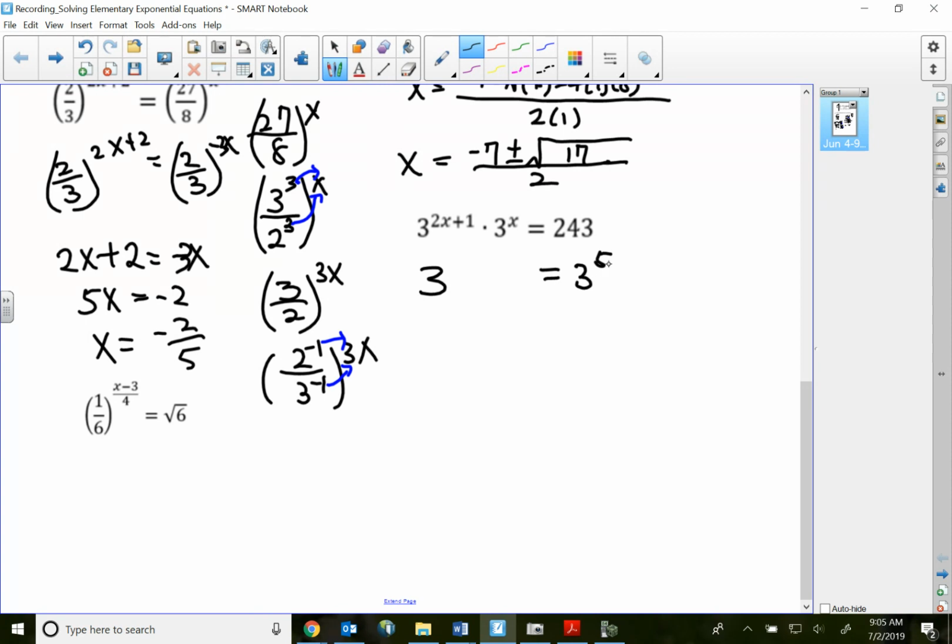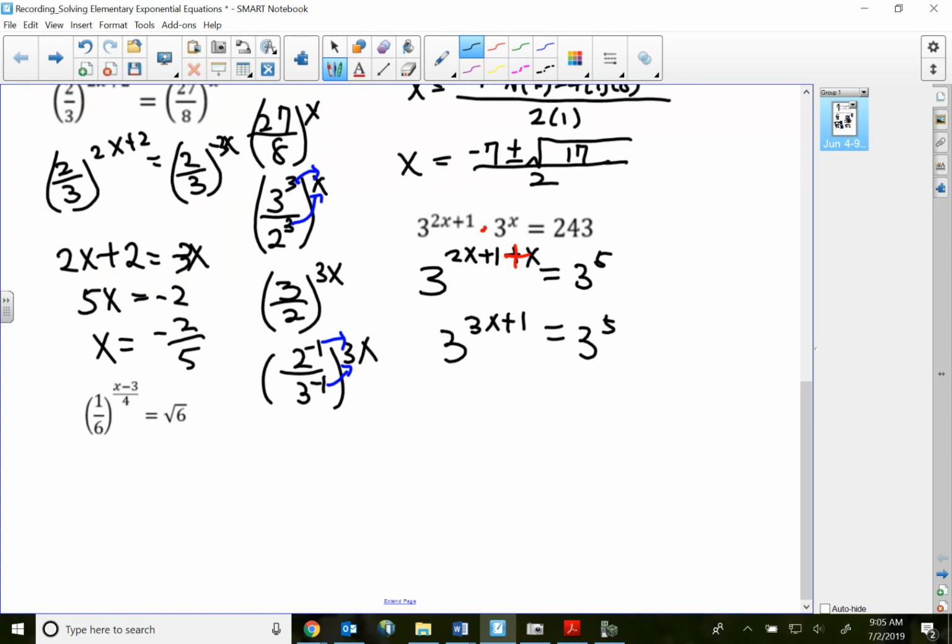If we add the exponents, that'll be 2x plus 1, then plus x. So I just write them together as addition. This multiplication now becomes this addition right here. If I simplify the top a little bit, that gives me 3 to the 3x plus 1.